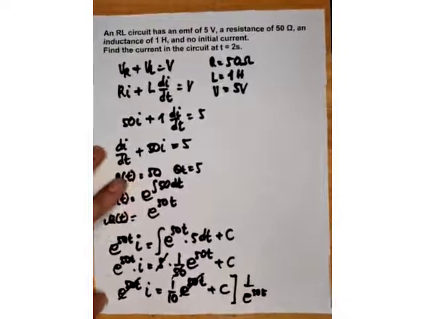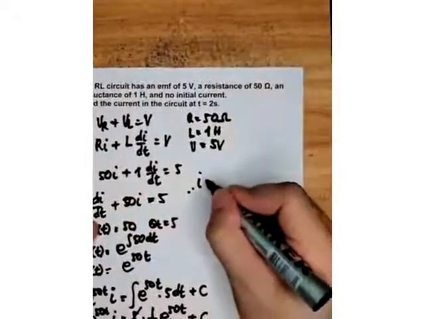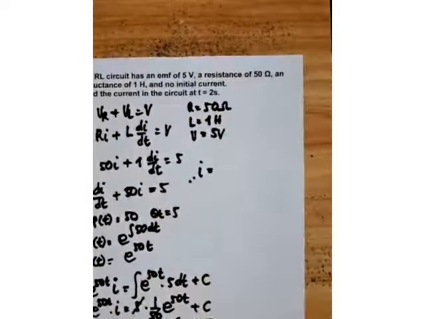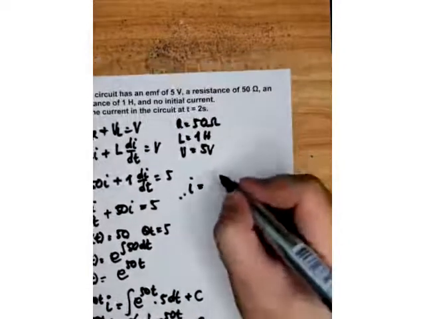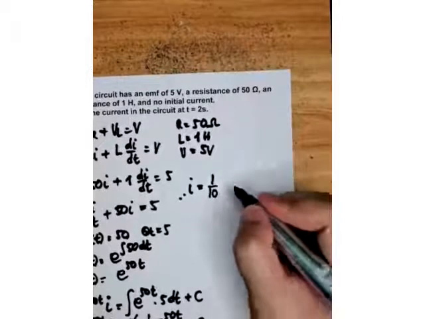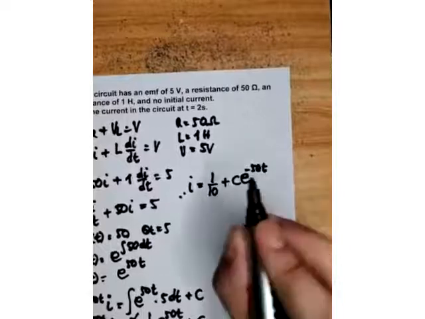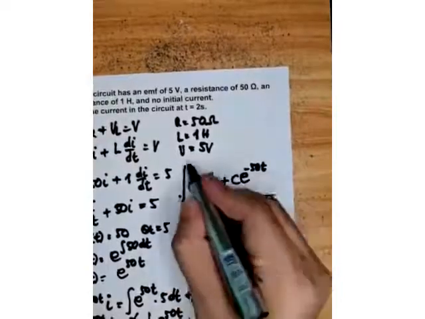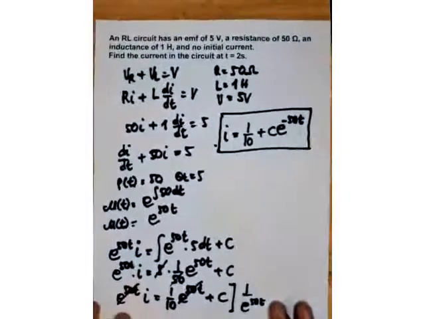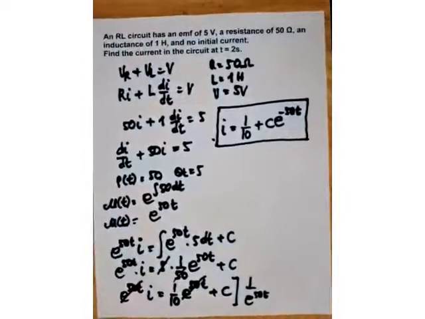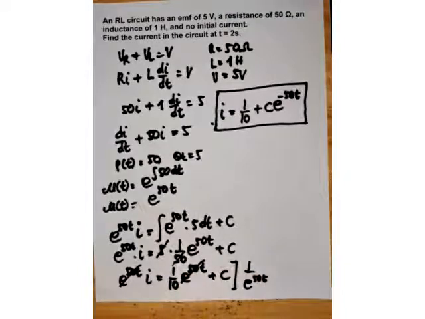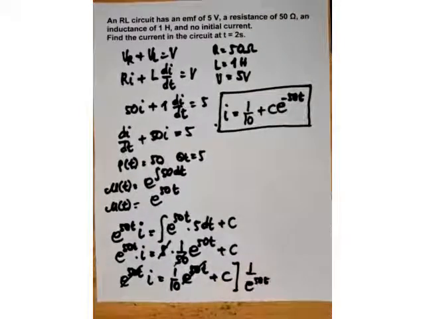So therefore, ang formula ng current natin ay i is equal to 1 over 10 plus C e raised to negative 50t.